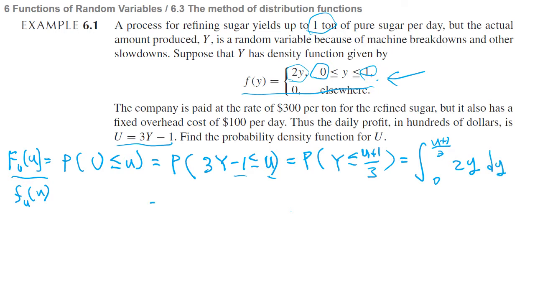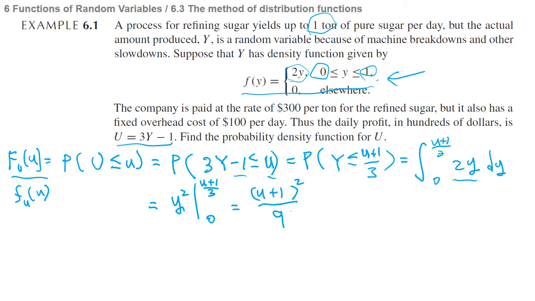And this is the integration of 2y, which is y squared, from 0 to u plus 1 over 3, and this is (u plus 1) squared over 9.